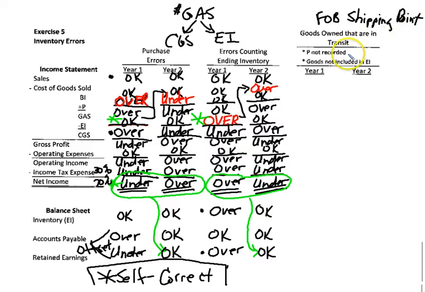Shipping point. The goods are in transit, we own them, but we wouldn't have recorded them, and we haven't counted them because they haven't arrived yet. Okay, so again, nothing wrong with sales, nothing wrong with beginning inventory, but we wouldn't have recorded the purchase, so the purchases will be understated.